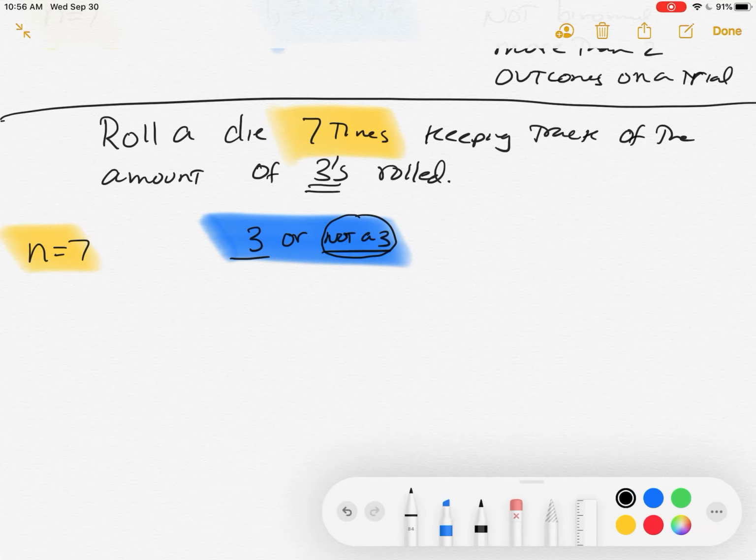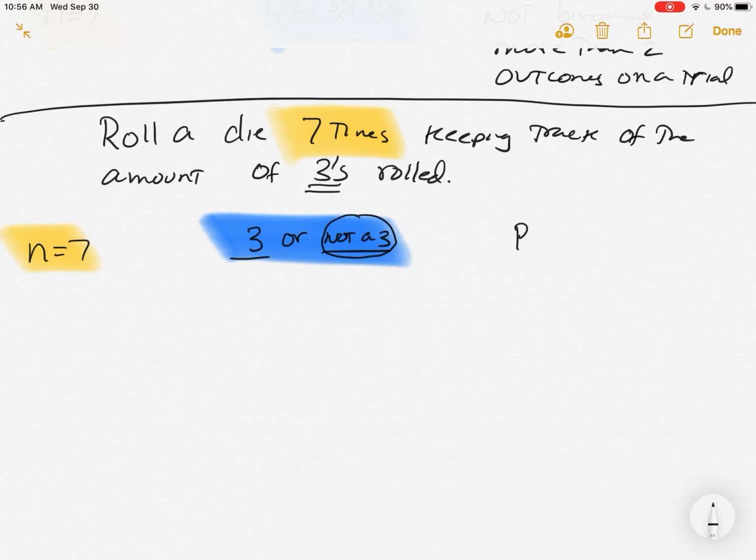When you roll a die and a 3 comes up the first time, when you roll it a second time, is it more or less likely to come up with a 3? No, it's the same likelihood. What is the probability that we roll a 3 on one roll? I'll put the first roll, because that's what a trial is. The probability that we roll a 3 is 1/6.